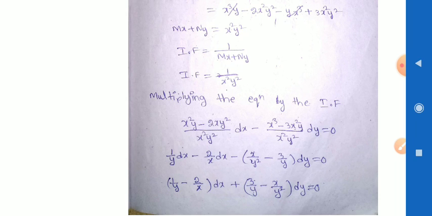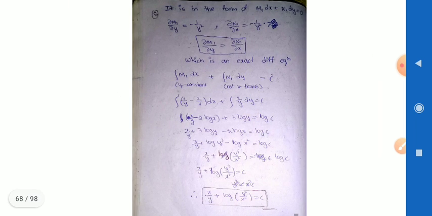By cancelling we get (1 by y minus 2 by x) dx minus (x by y square minus 3 by y) dy is equal to 0. Taking dx and dy common, we get (1 by y minus 2 by x) dx plus (3 by y minus x by y square) dy is equal to 0.